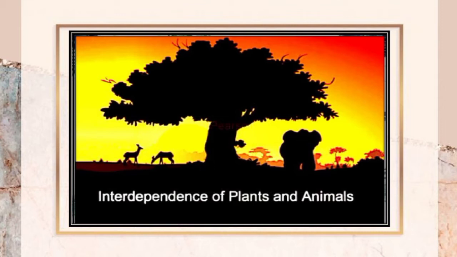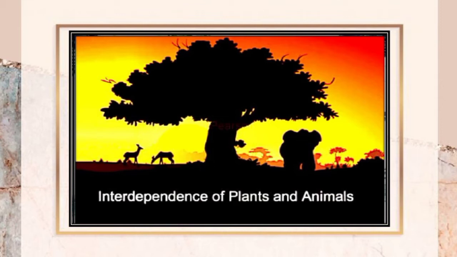And this interdependence of plant and animal in a food chain helps to maintain a balance between the number of plants and animals. Thus, if there is sudden increase or decrease in the number of either plants or animals, the balance in nature will be disturbed.